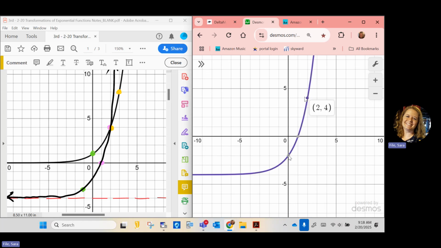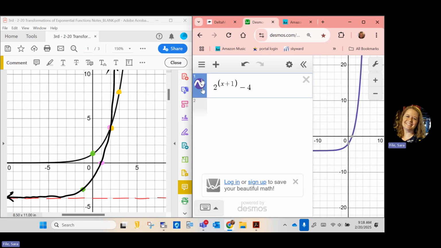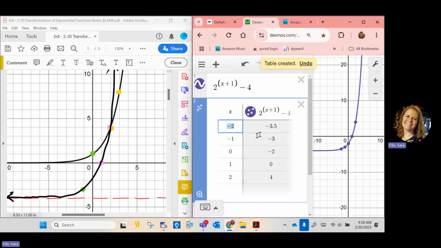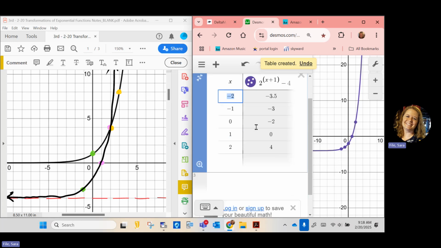I could have plotted more if I wanted. Now, if you don't want to just click on your graph and drag and see what the coordinates are, because sometimes it's hard to get exact values, just hit the gear button. Remember, this will pop up next to your functions, whatever you have typed out, and you can click to create a table, and it will give you a table of values. So you can see those points that we plotted.